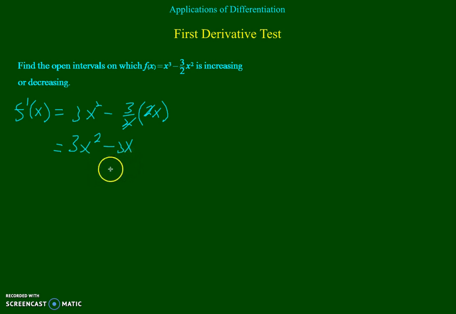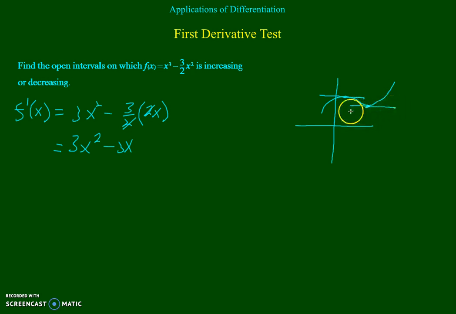But the places where that changes is a real issue for us. So if we want to determine where a function is increasing and decreasing, we know that at the extreme values, the slope of the tangent line is 0.